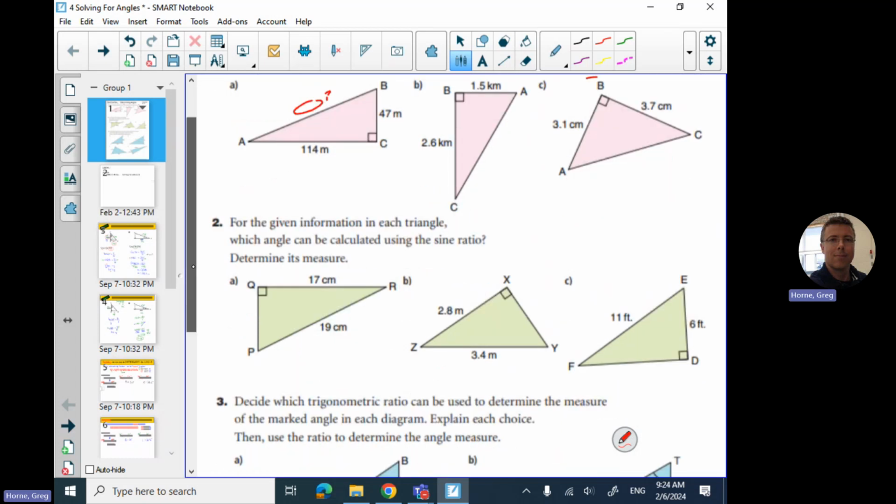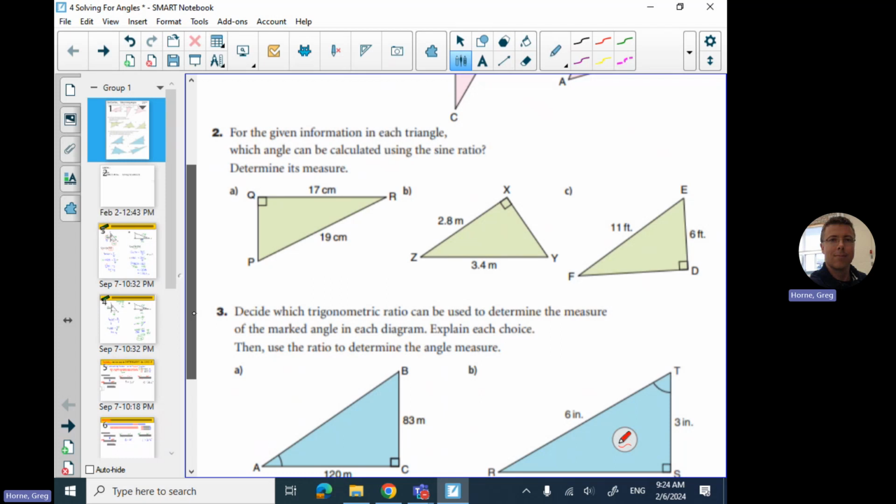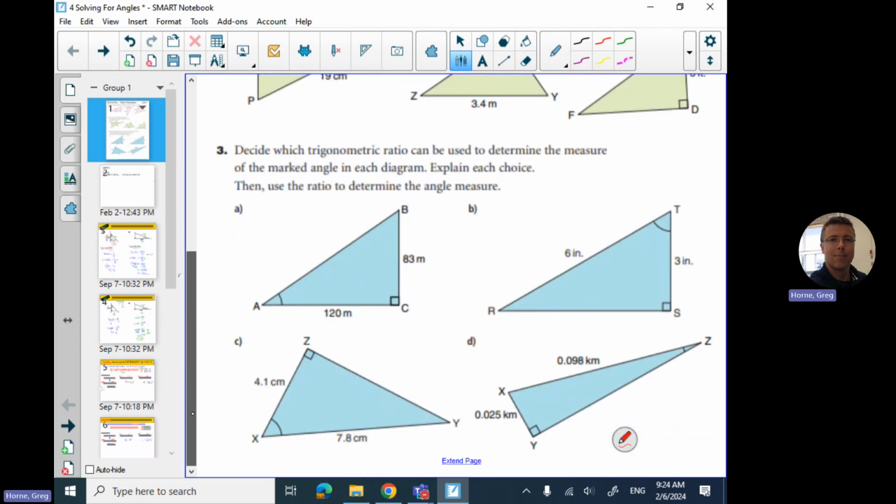And number 2, it does just say here, which one can be determined using the sine ratio, and then determine the value. And then in 3, it's more generic. I think it says find the marked angle. Sometimes it'll say find all the angles, in which case you're determining the A and the B.